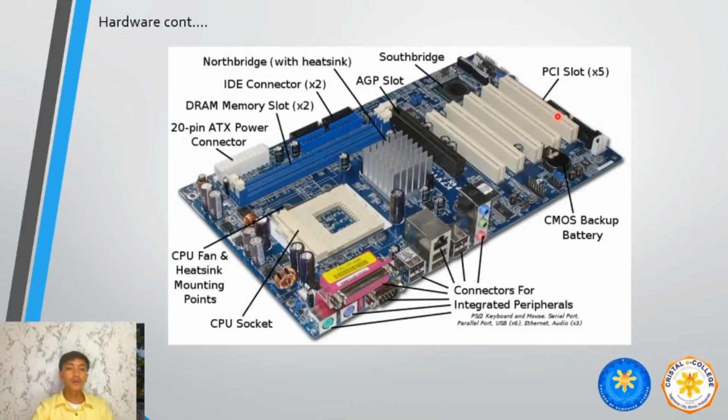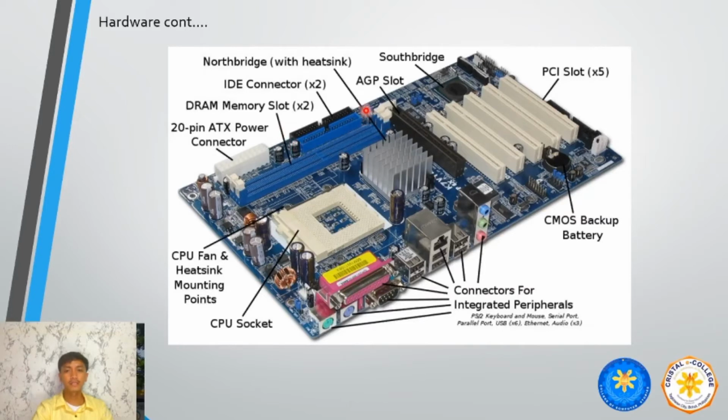Here also we have our PCI slot where we can place different hardware as well. If you have your internet card or a graphics card, you can place it here or in this dedicated AGP slot. Here we have our IDE connector.